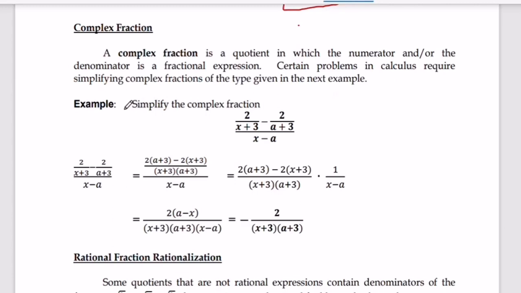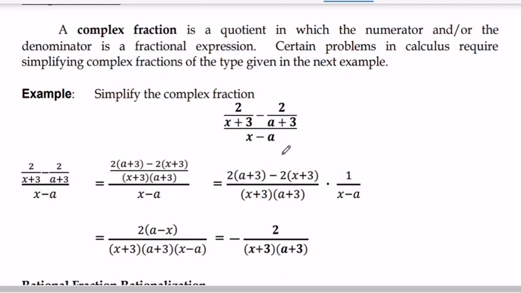So the first example is we are going to simplify the complex fraction 2 over x plus 3 minus 2 over a plus 3, divided by x minus a. In order for this to be solved, let's focus first on simplifying the numerator.